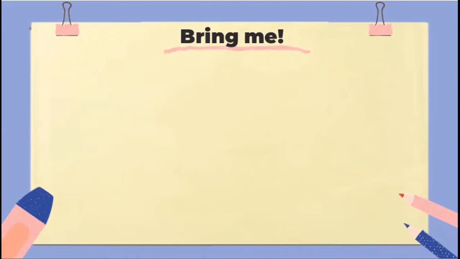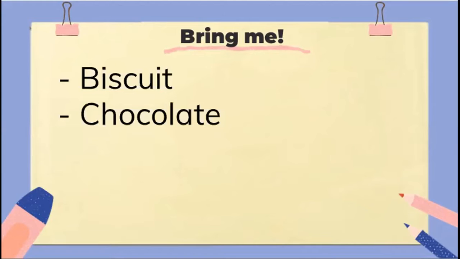And now, let's start. The first one is a biscuit. So now you may pause this video first and find a biscuit there. Now let's have the second one. It's a chocolate. So if you have a chocolate at home, you may also bring that one.